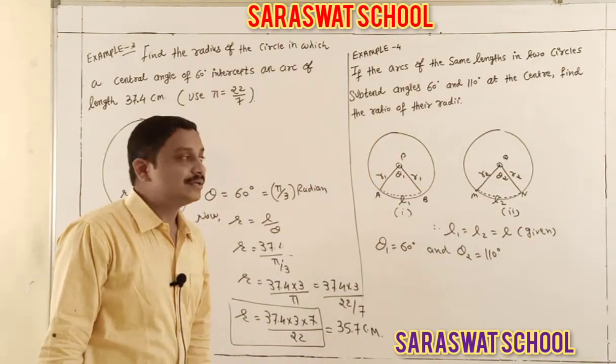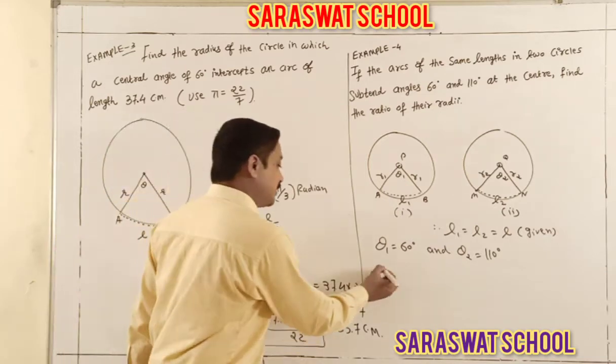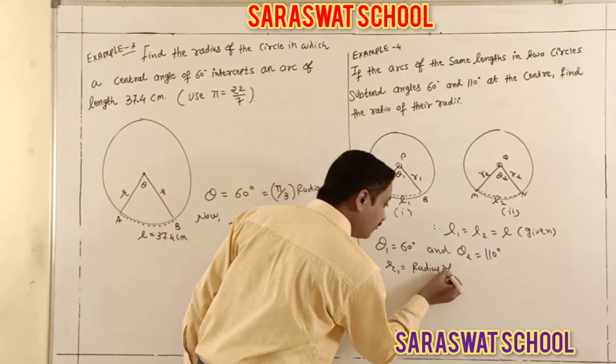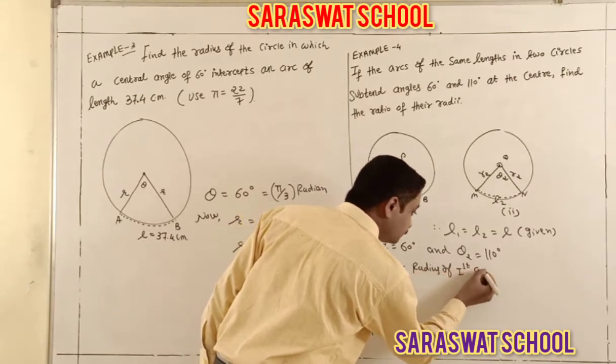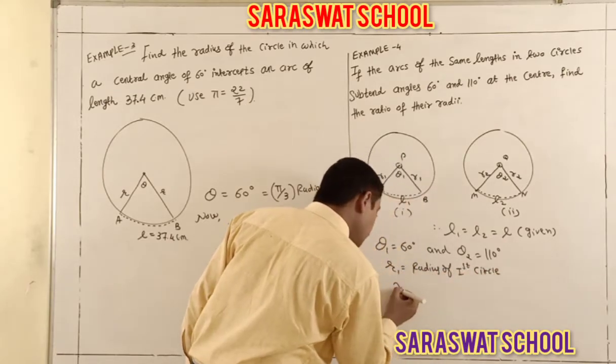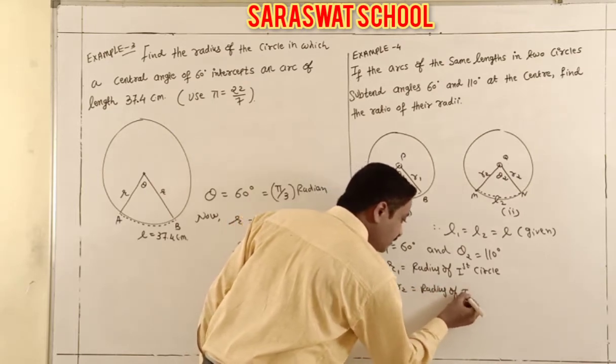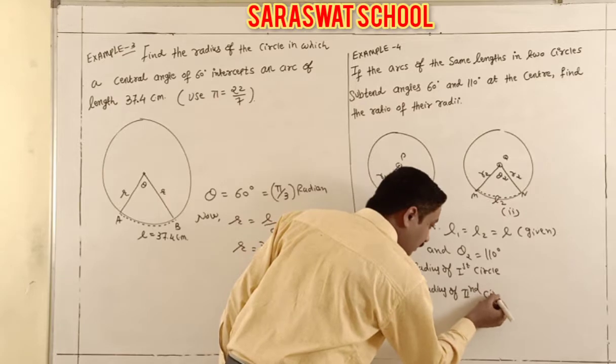Now, the ratio of the radii. I am taking R1 as the radius of the first circle and R2 as the radius of the second circle.